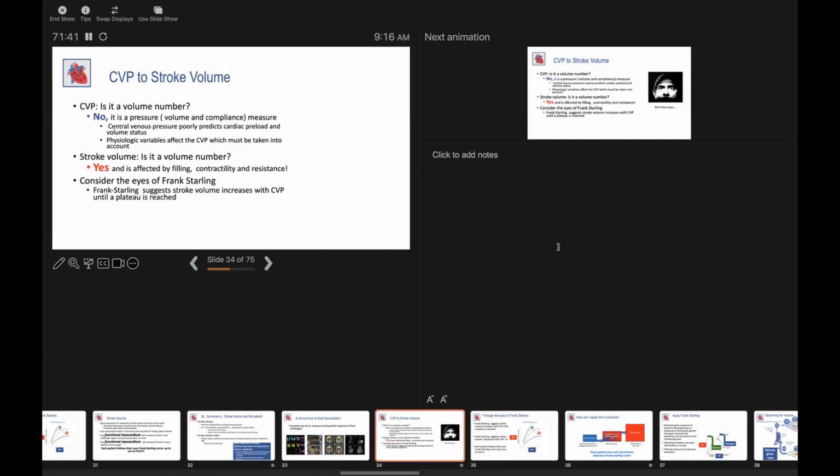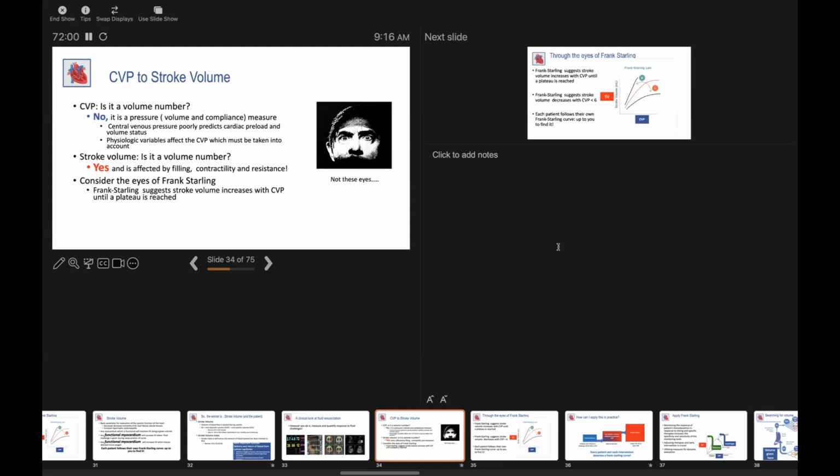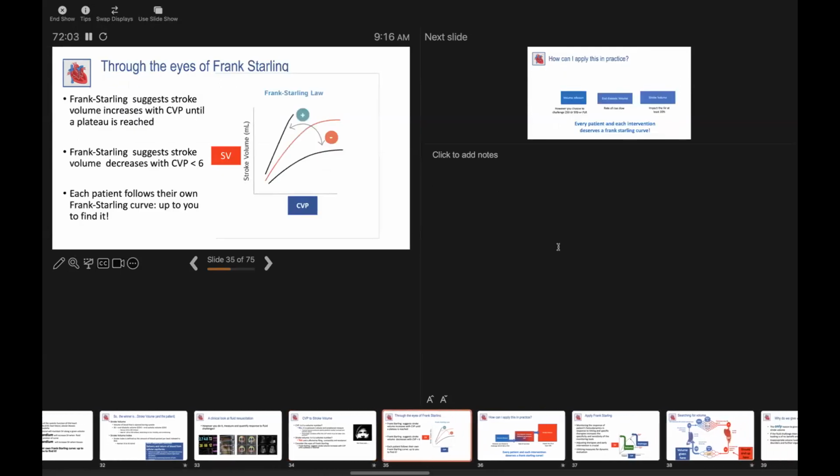We're going to use CVP as a pressure number. It is not a volume number. Stroke volume, though, just by the word, it's not stroke pressure, it's stroke volume. That's a volume indicator. So we use one volume and one pressure, and that helps us to better define what's occurring for our patient in the eyes of Frank and Starling.